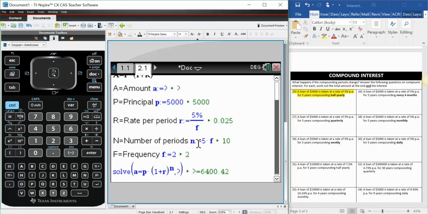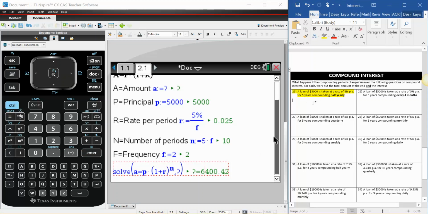And for the number of periods, we needed to times the years by the number of periods because there were 5 years and 2 periods every year, so that equals 10. What that gives us is an answer of A equals $6,400.42. Now that's going to be important for us moving forward.